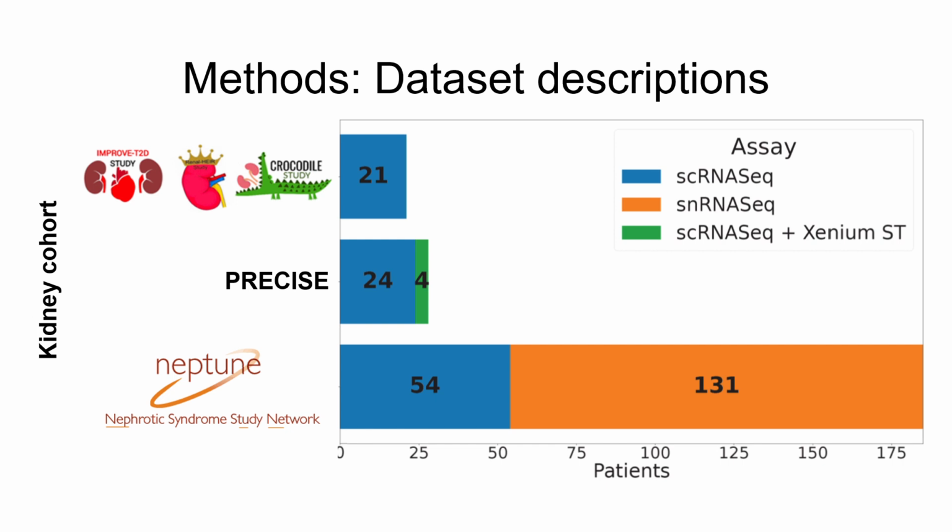So we can look at both the whole cohort as a reference data set and individual matched data sets for the label transfer. Finally, Neptune is the largest cohort represented within these data. It's mostly single nuc RNA-seq, but there is some single cell. So we're going to analyze that data as a whole, and also with the single cell and single nuc data split to look at how the technologies differ.